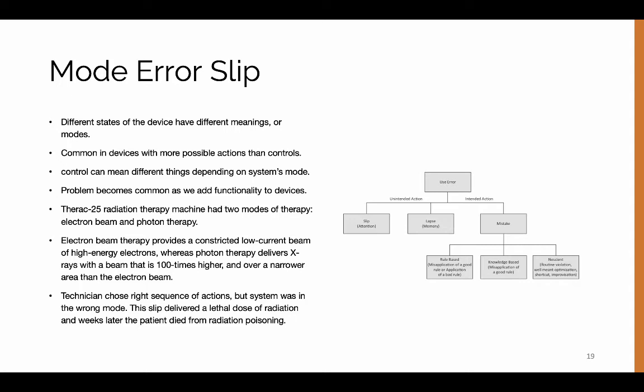The bummer of this was a mode error in which the technician chose the right sequence of actions, but the system was in the wrong mode. The slip delivered a lethal dose of radiation, that is X-rays, and weeks later the patient died from radiation poisoning.